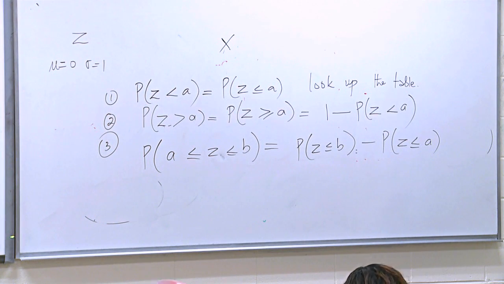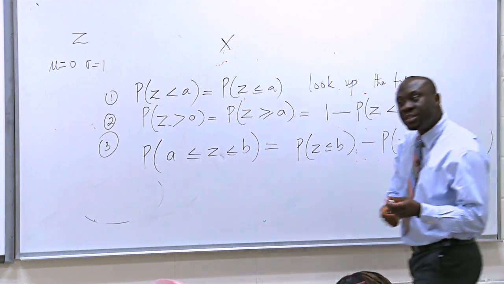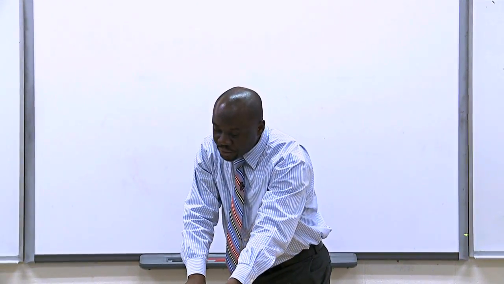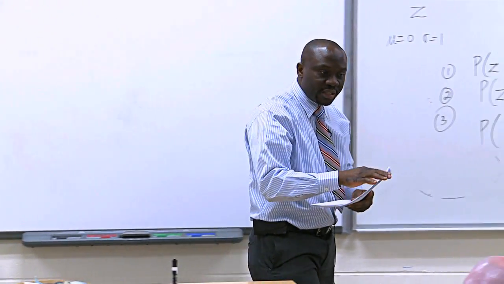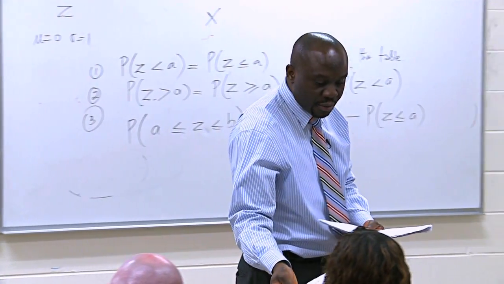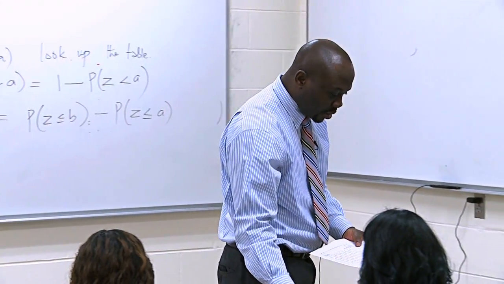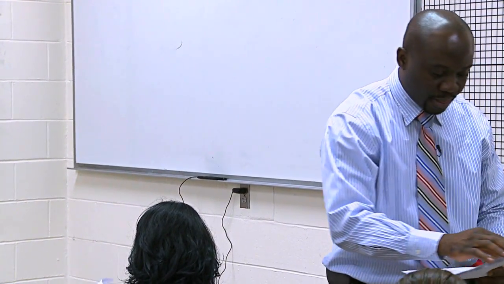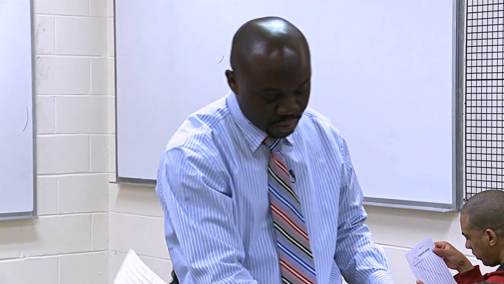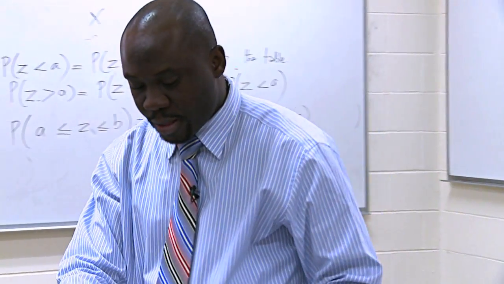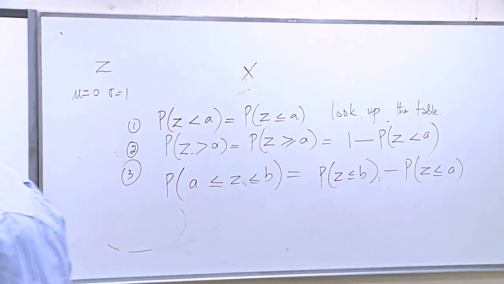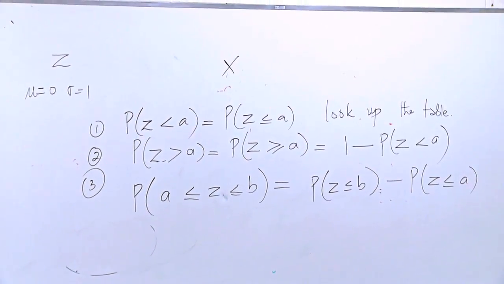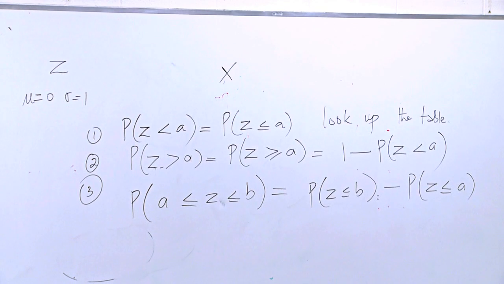So the next step is distributing the tables. For those of you who already have the formula sheet, I think you should have these tables on your formula sheet somewhere. In a little while, we'll be talking about how to use these tables to find the probability.